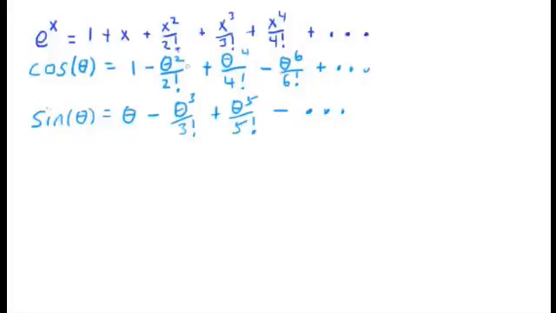Cosine theta is 1 minus theta squared over 2 factorial plus theta to the 4th over 4 factorial minus theta to the 6th over 6 factorial, etc. It has the even powers of theta alternating in sign. Sine of theta is theta minus theta cubed over 3 factorial plus theta to the 5th over 5 factorial, etc. This has the odd powers of theta alternating in sign. I'm assuming somewhere in your past you've seen these.